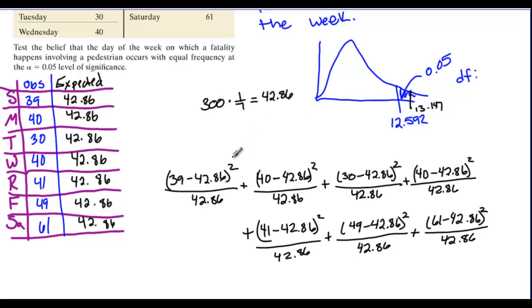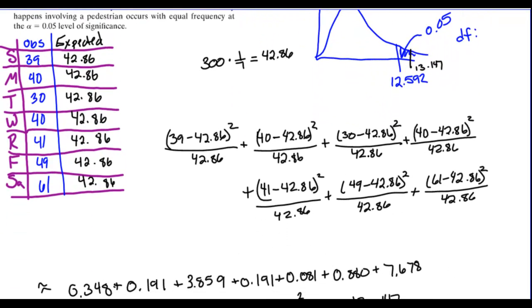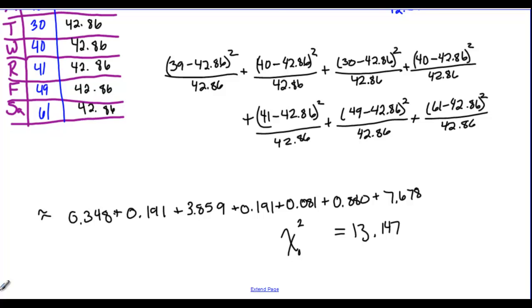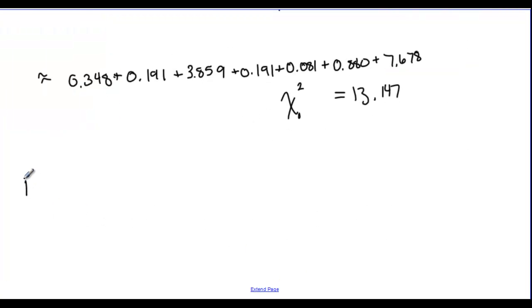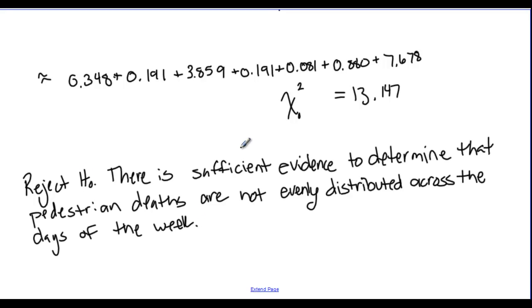So we are going to reject H naught and determine that there is sufficient evidence to conclude pedestrian deaths are not evenly distributed across the days of the week.